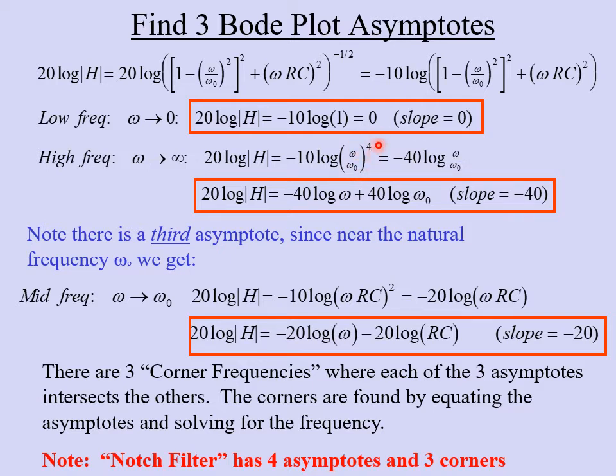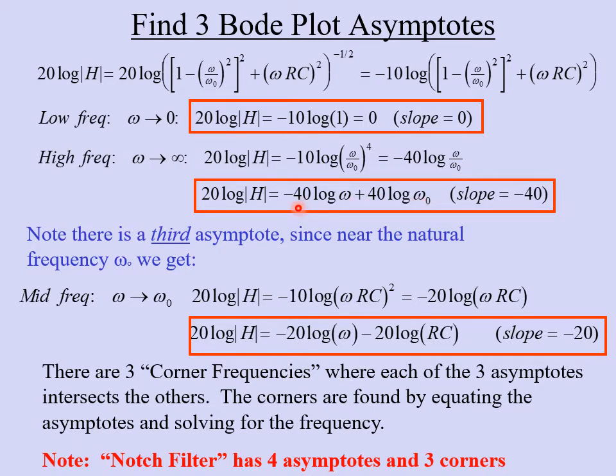So let's take that 4, bring it out in front. So I have negative 40 times log of omega over omega naught, and then I'm going to use another log property here. This is division of two numbers inside a log, so that becomes a subtraction. All right, so this first term here is negative 40 log omega, but then we have minus a negative 40, so that becomes plus 40 log of omega naught.